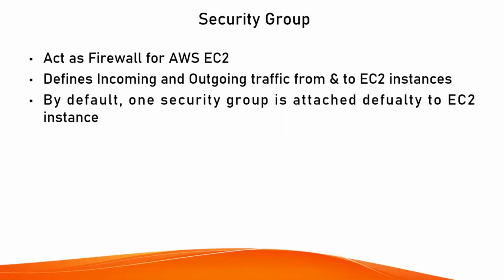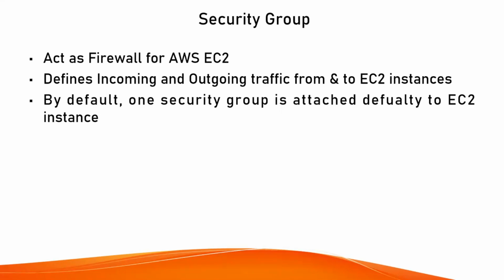Before we proceed with our demo session, let's first understand what a security group in AWS is. A security group acts as your normal firewall for an EC2 instance. It's the place where you define what should be the incoming traffic and what should be the outgoing traffic from and to the EC2 instance.